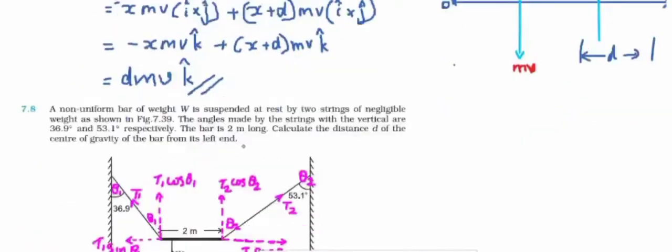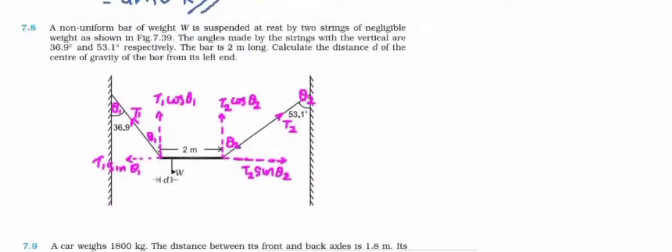Now come to question 8. A non-uniform bar of weight W is suspended at rest by two strings of negligible weight. It is given in the diagram.